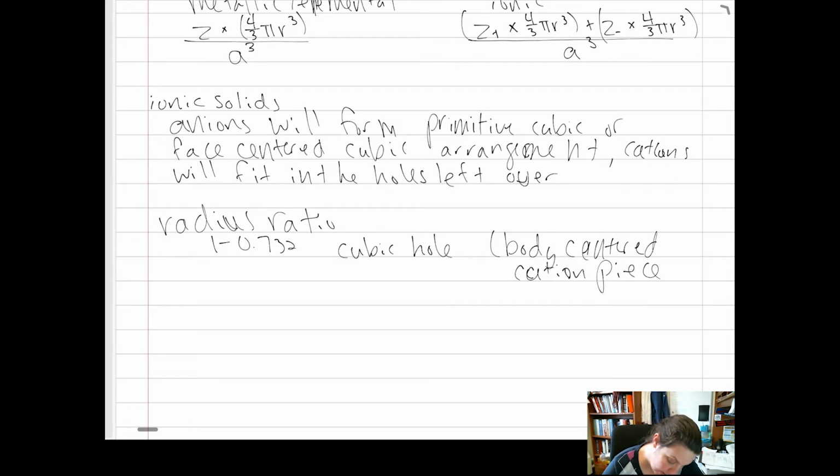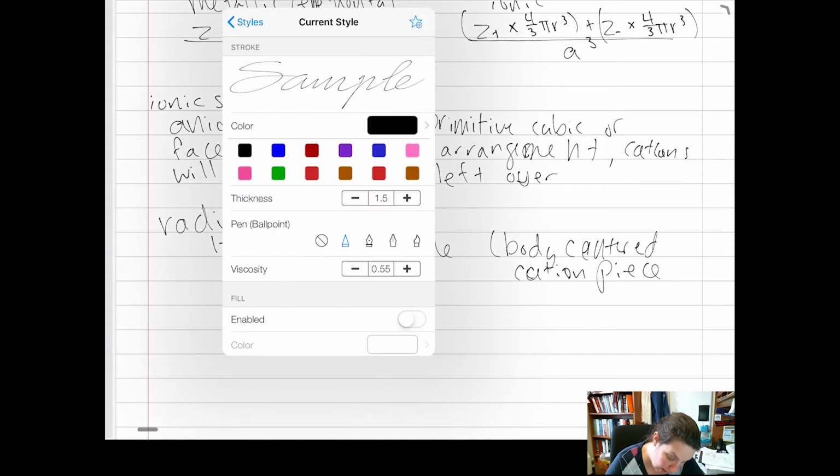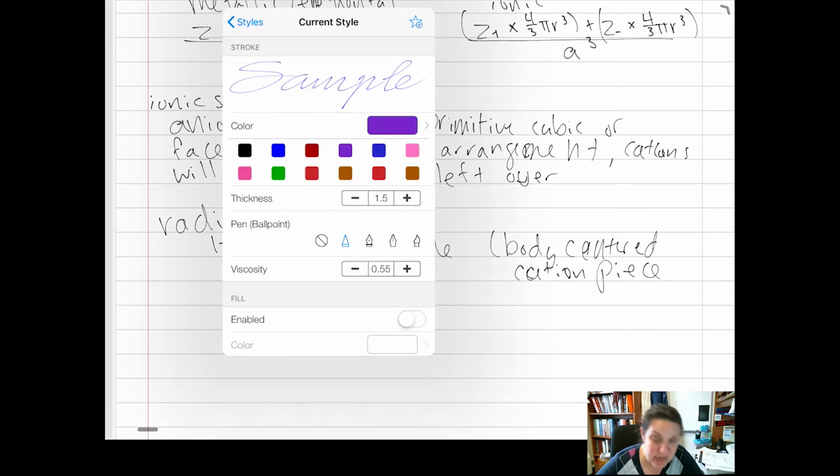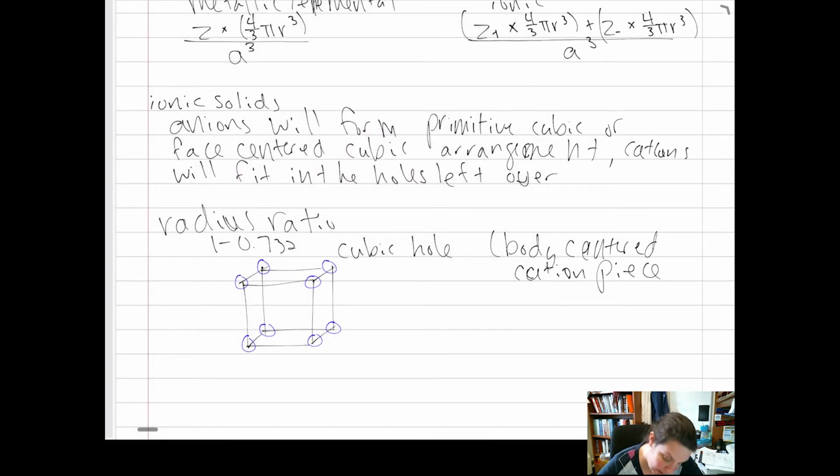So we have our anions, which I'm going to show as blue. So you have your anions making a primitive cubic cell. And then you have your cation, which is significantly smaller, in the center.